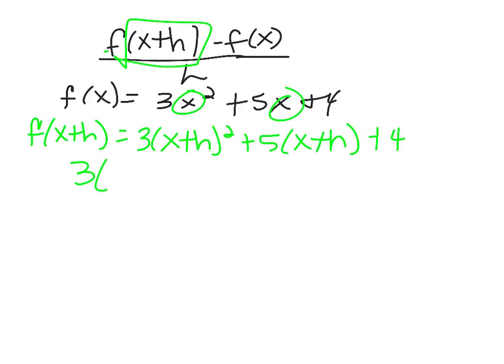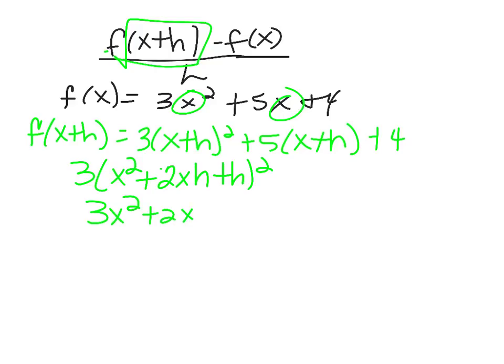So it's 3 times x squared plus, I'm not going to go through distributing again, x squared plus 2xh plus h squared. Distribute the 3, 3x squared plus 6xh plus 3h squared.